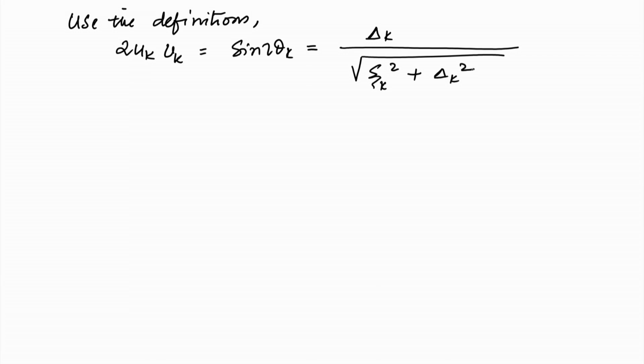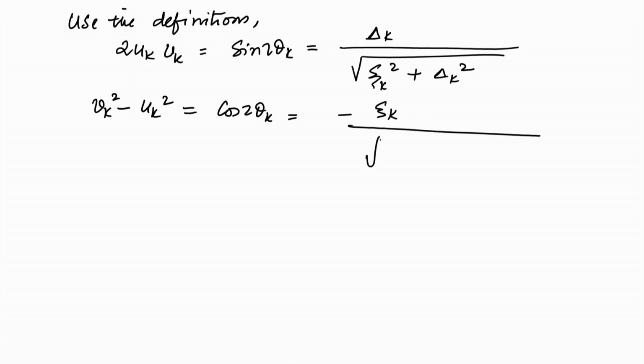So, this is my definition of sin 2 theta_k, which is also equal to twice u_k v_k, and also v_k squared minus u_k squared, which is equal to cosine 2 theta_k, which is equal to xi_k divided by root over xi_k squared plus delta_k squared.